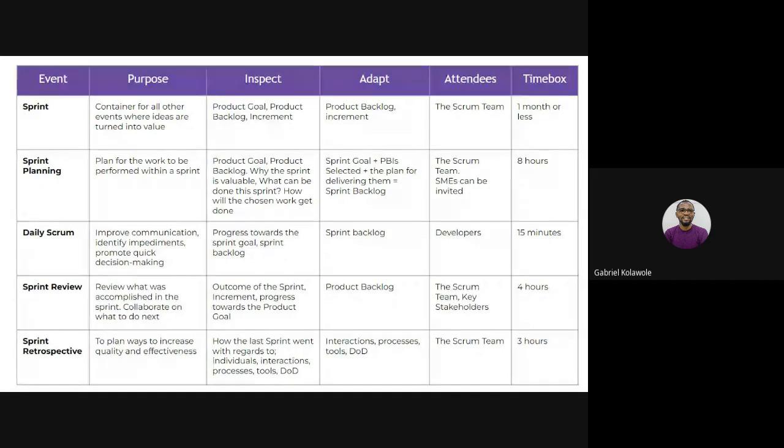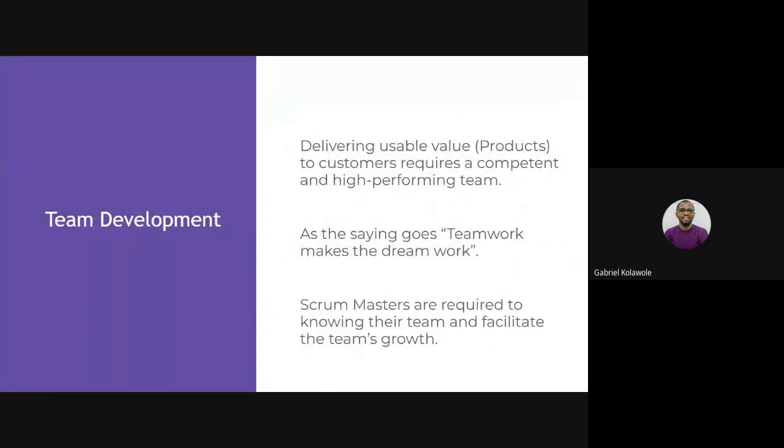Okay, so let's go to team development. Yemi talked about Scrum teams earlier, and another question for the house, please indulge me. The Scrum team is composed of three accountabilities. What are those accountabilities or roles, functions?